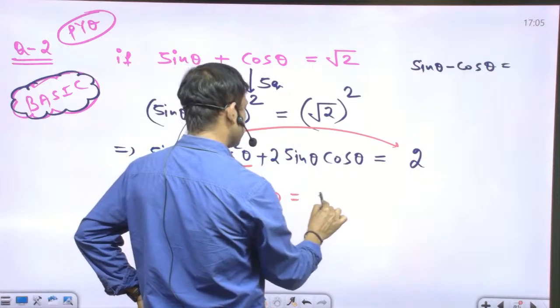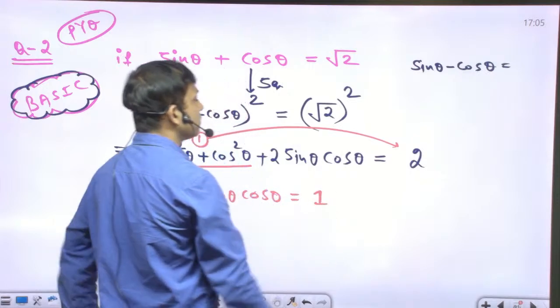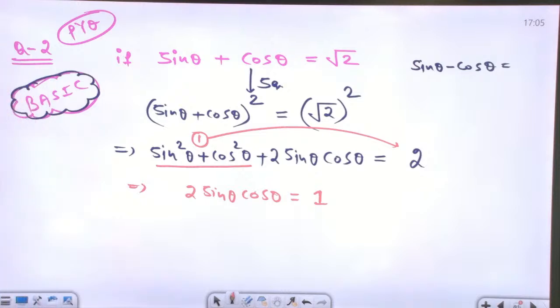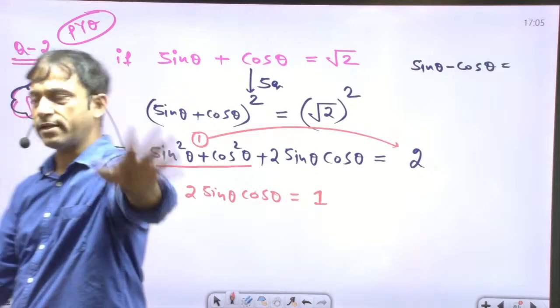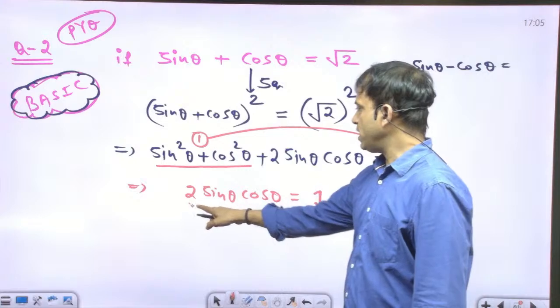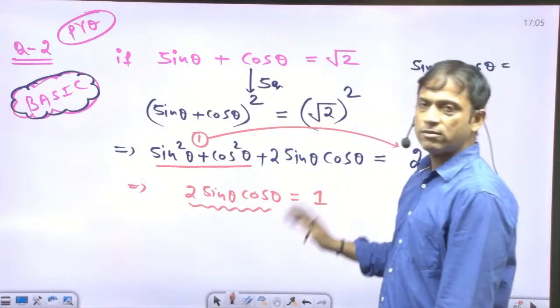So this will be 1. Any doubt? Back row? Any doubt? All okay, right. Done. The value of 2 sin theta cos theta is 1.